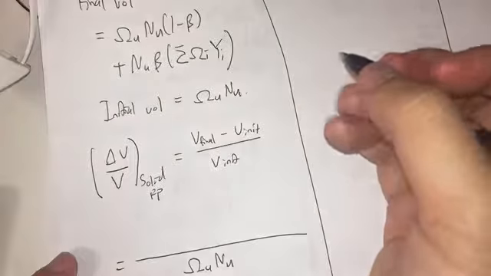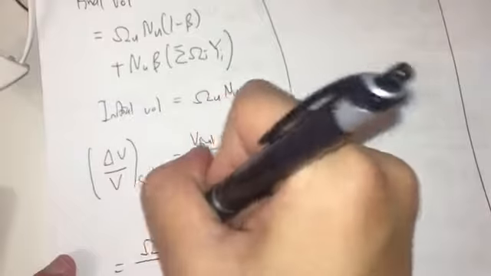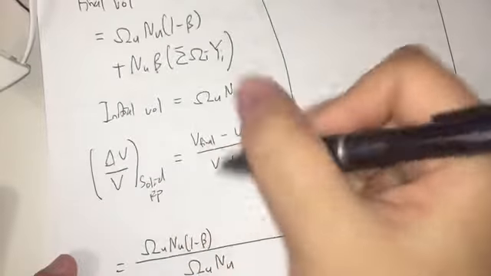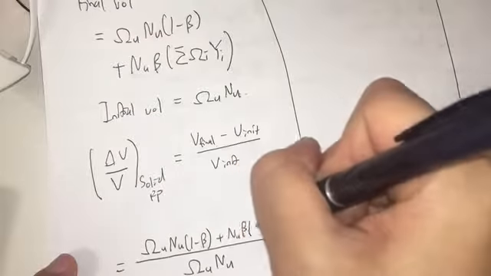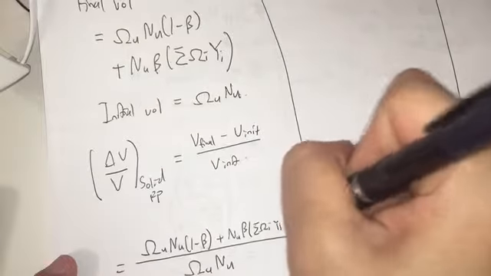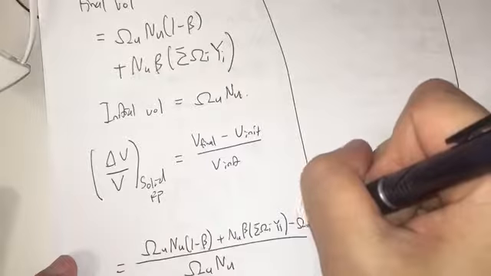Over, and then V final is here, omega u and u times 1 minus beta plus nu beta sigma omega I yi, minus omega u and u.